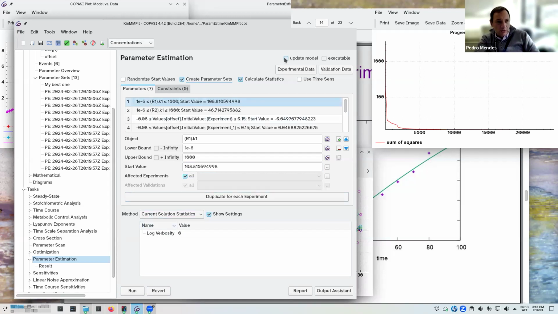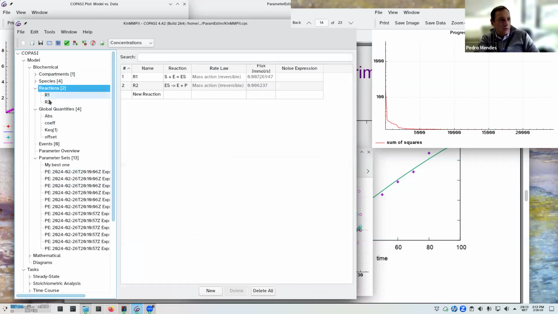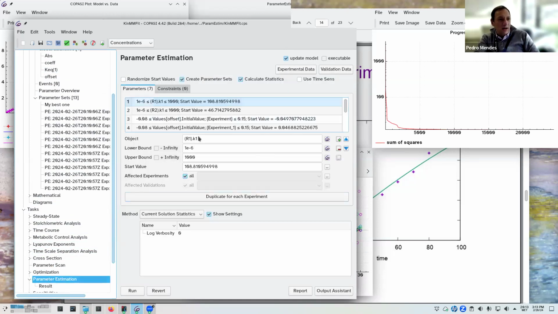The other thing you can do is click here on update model. That would automatically do what I did by pressing that button, which is once the parameter estimation finishes, the values get copied to the actual model here. And that means that the next time you start, you will start with those values already. So you can run one algorithm and then refine the solution with another algorithm if you want to.